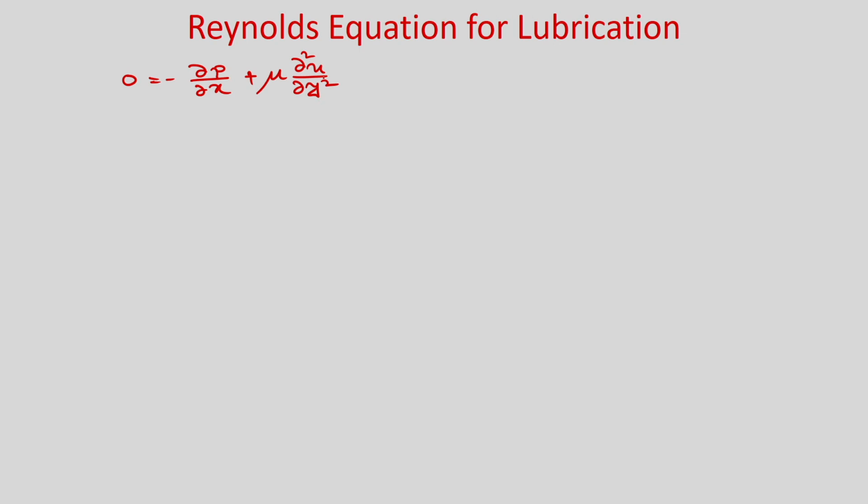You can integrate this equation and write del 2 u by del y square is equal to 1 by mu del p by del x, and you can write del u by del y is equal to 1 by mu del p by del x y plus C1.